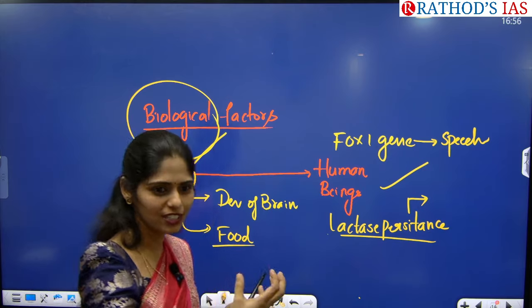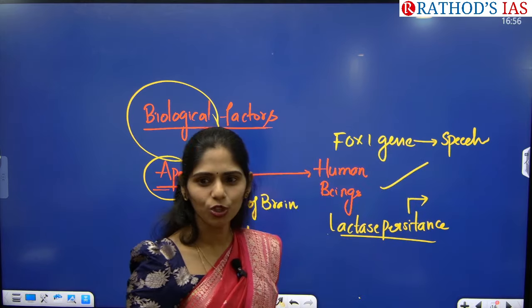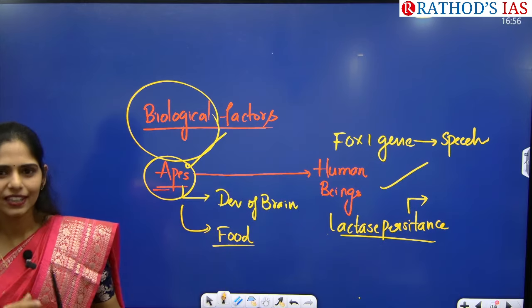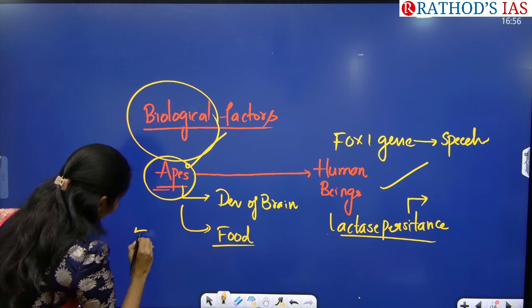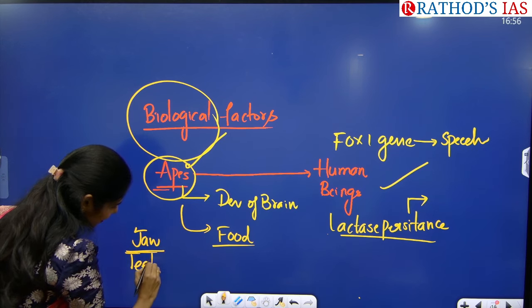We have protrusion, the jaw is very forward, but in humans it went backward. That means there are some changes in the jaw and even the teeth.